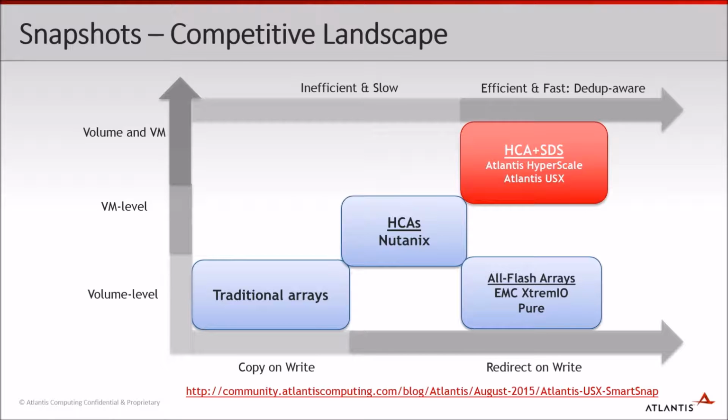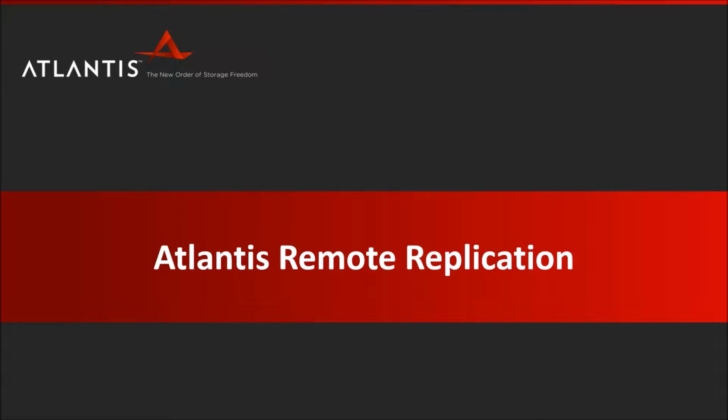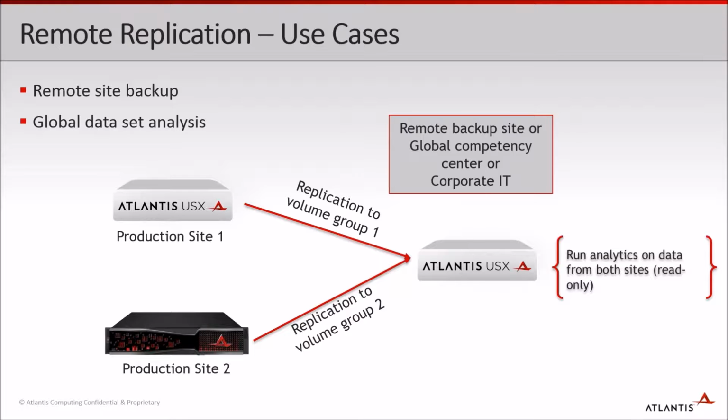Let's move on to another data service that we delivered with USX 3.0, remote replication capability. With remote replication, we are enabling our customers to take a protected copy of their primary data center, primary volumes, at a remote site.